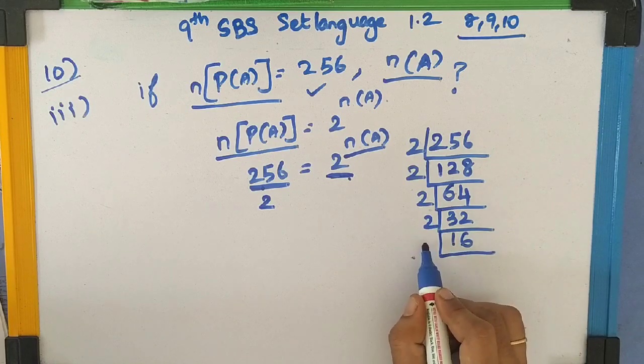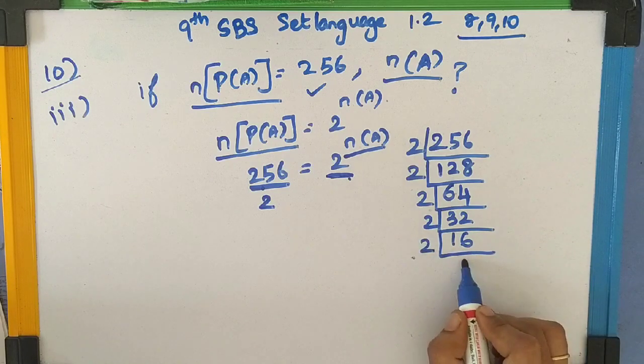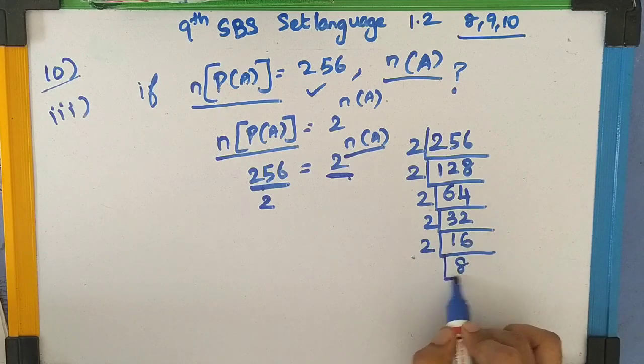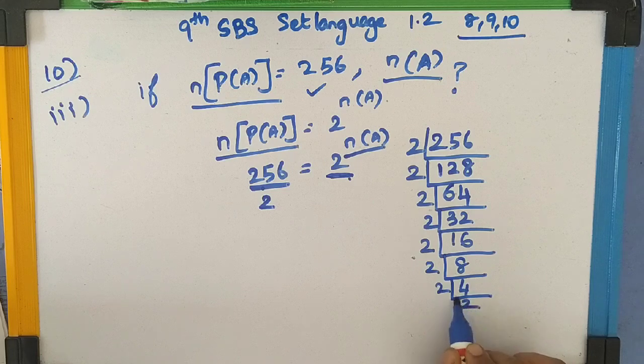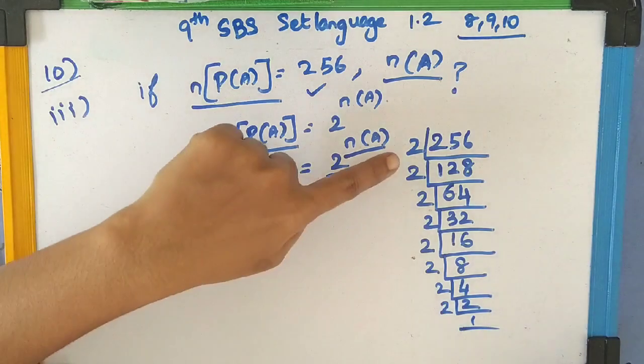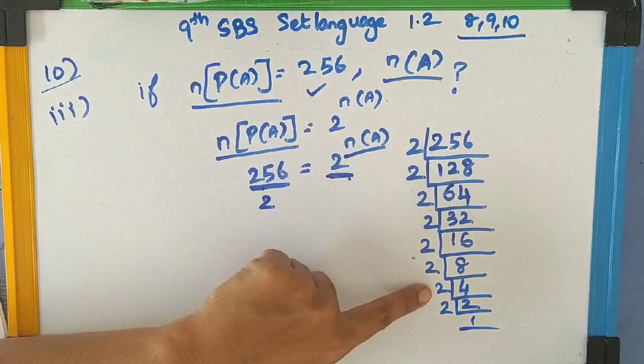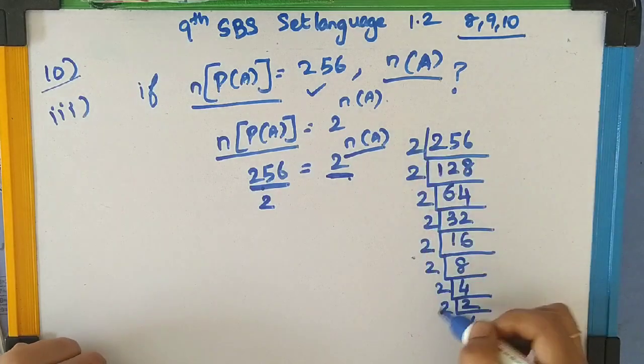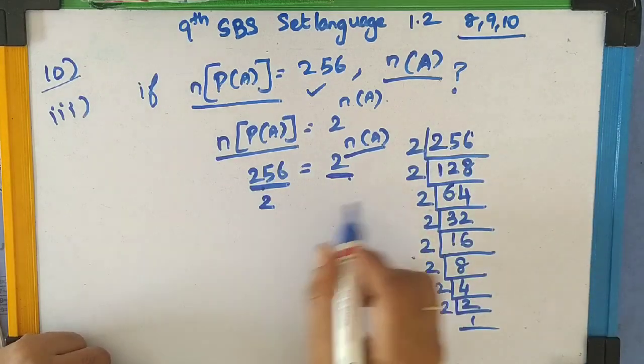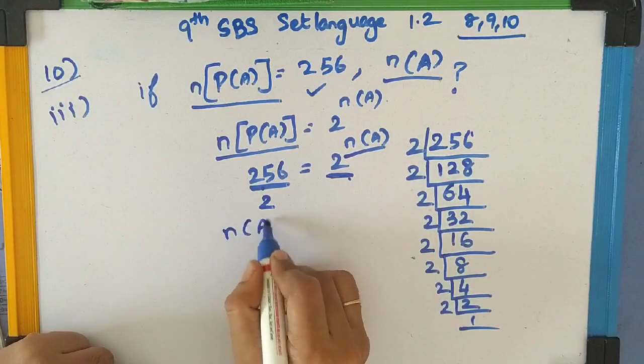It can be again divided by 2, we get 8. Then again, we get 4. Now divided by 2, we get 2, and 2 divided by 2, 1. So how many times 256 divided by 2? That is 8 times. So it's clear that the cardinal number is 8.